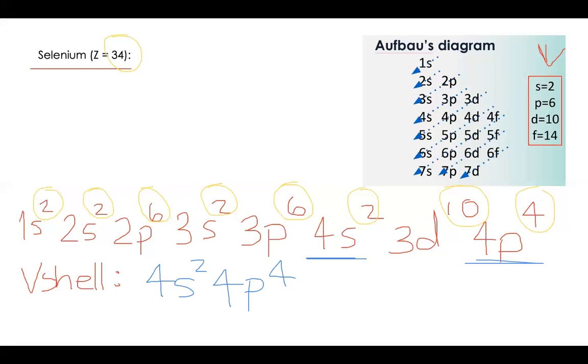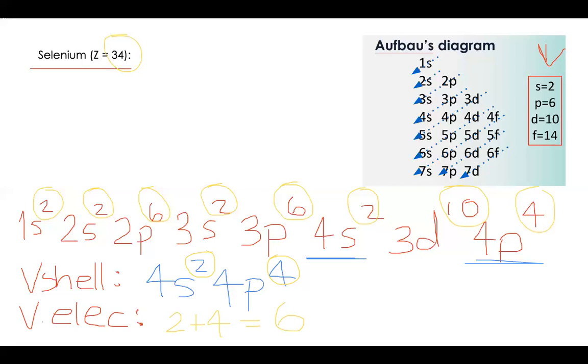The valence electrons are the electrons that I have in my valence shell, remembering that the electrons are the exponents in the valence shell. So in this case it would be 2 plus 4. The valence electrons will be 6. With this information, we can determine the position of the element in the periodic table.